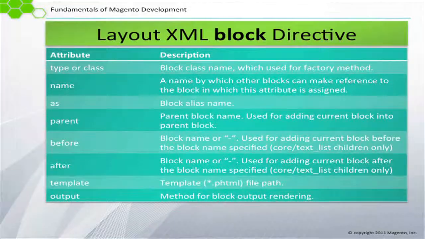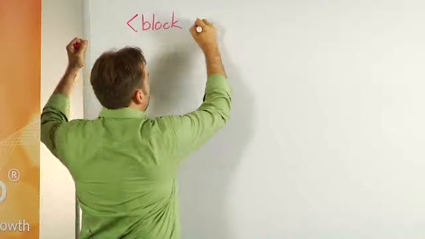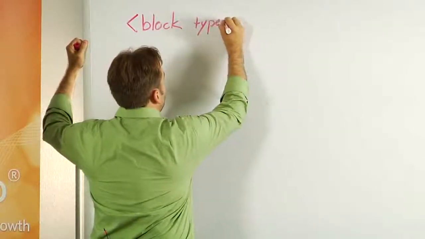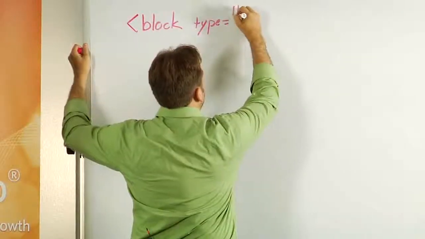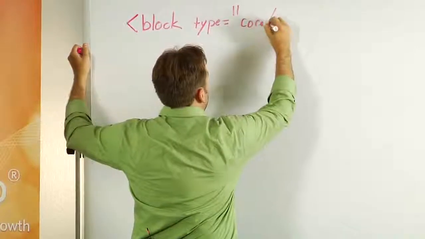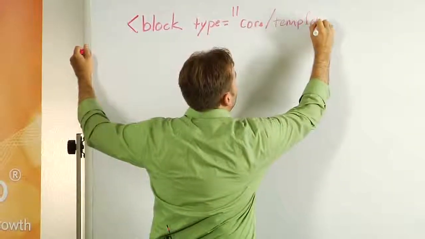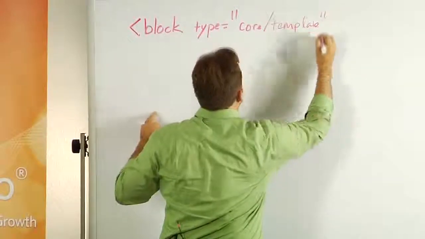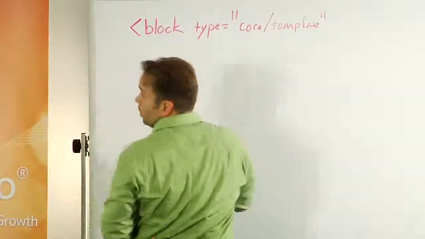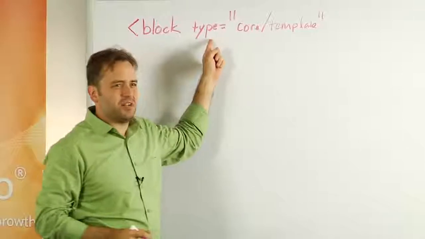Blocks take type or class. So we saw block type equals core template, for example. You can specify class instead of type, but don't.